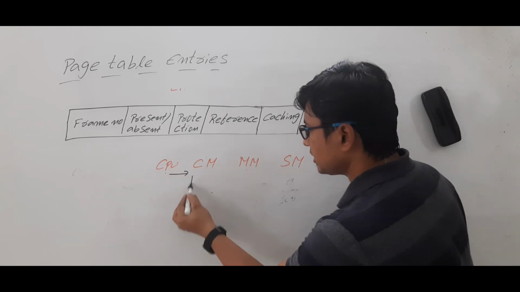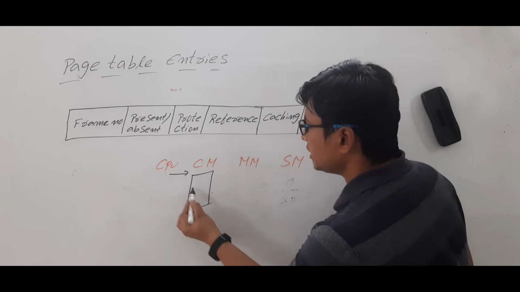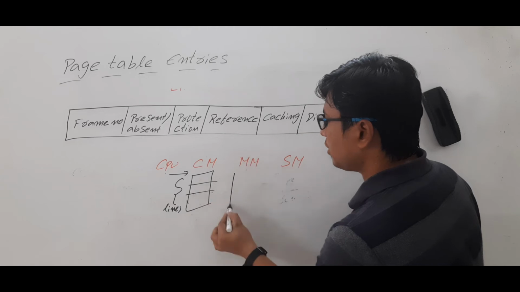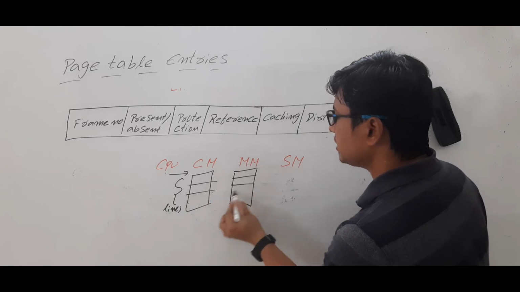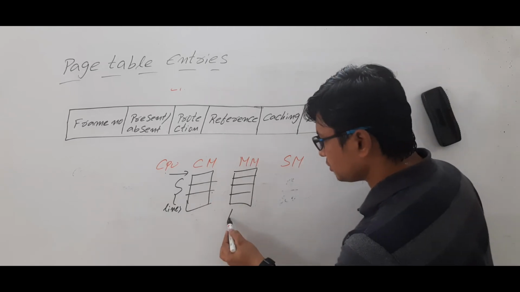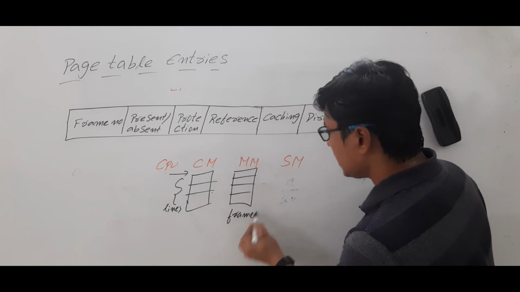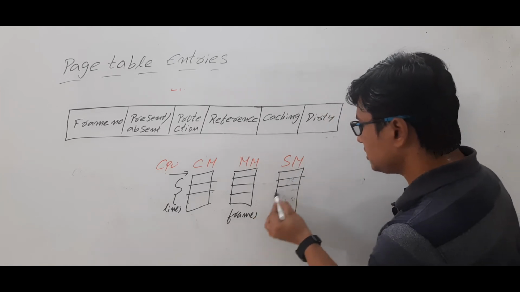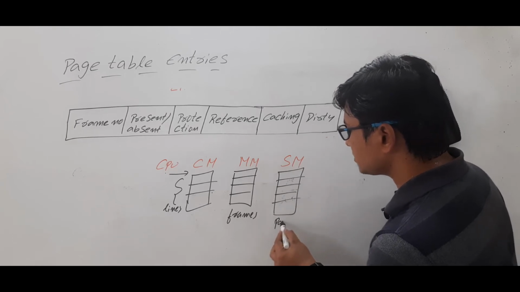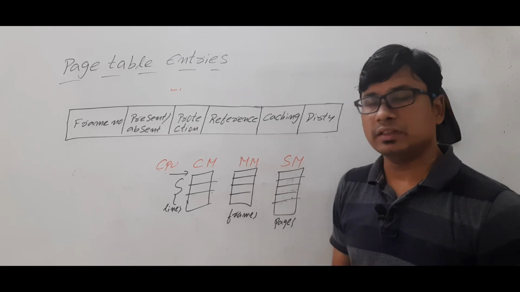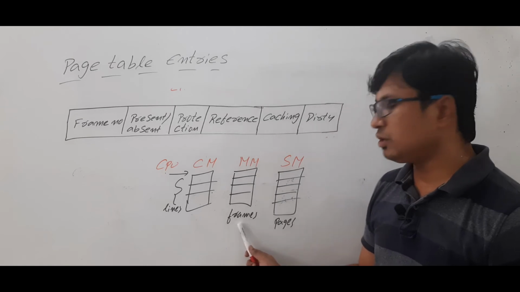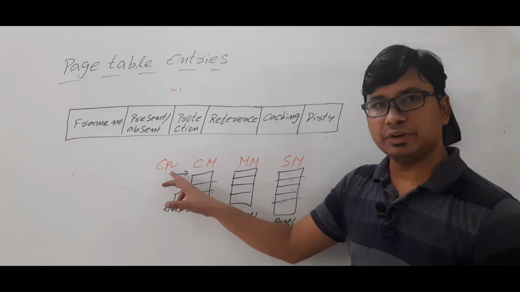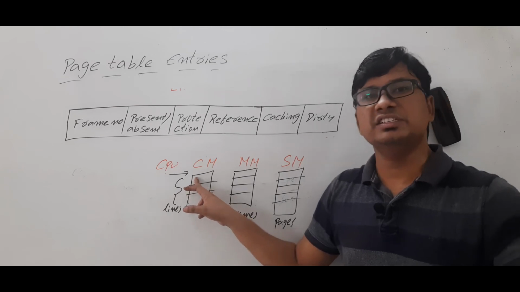The cache memory is logically divided into lines, and we have already discussed that main memory is logically divided into frames, and secondary memory or the process is logically divided into pages. Remember one thing: the size of a line is equal to a frame and a page.